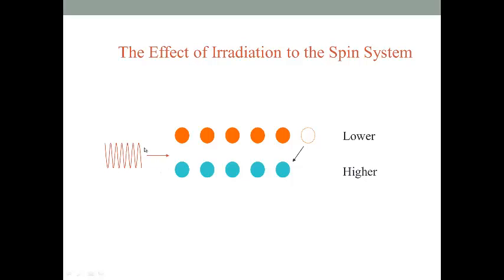If there is an external radio frequency put here, they will jump to a high energy status. That means they get some energy different from the lower energy status and jump up to the high energy status. That's basically physics when you receive the external radio frequency.